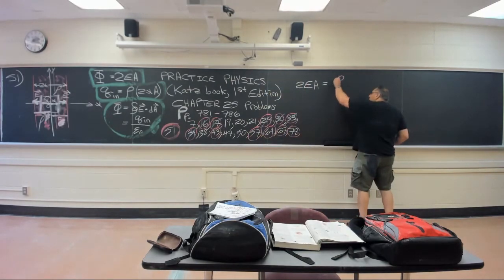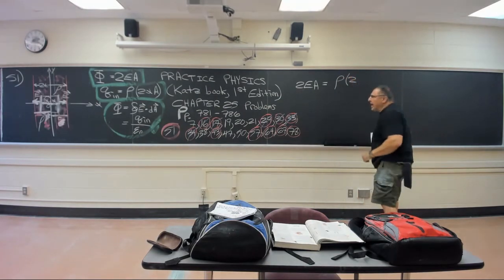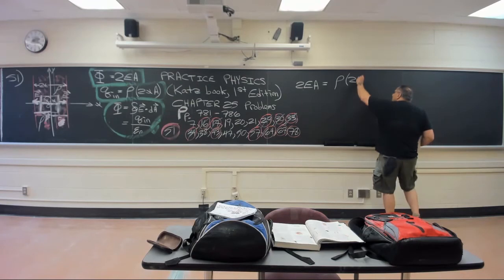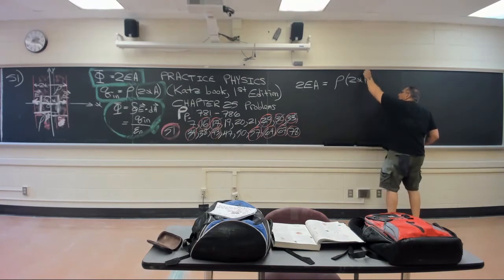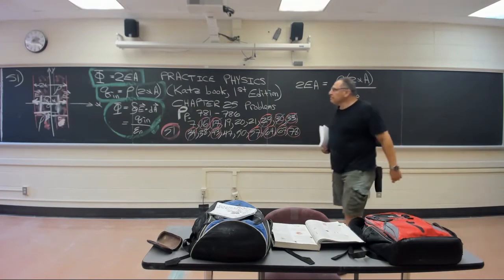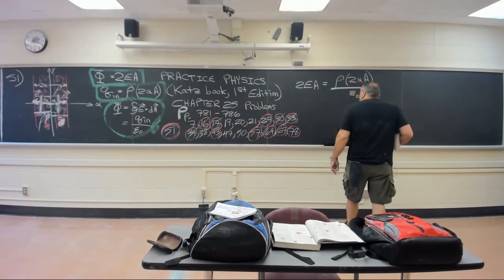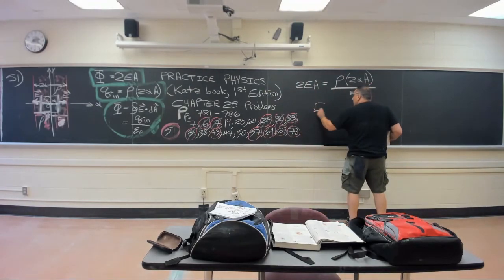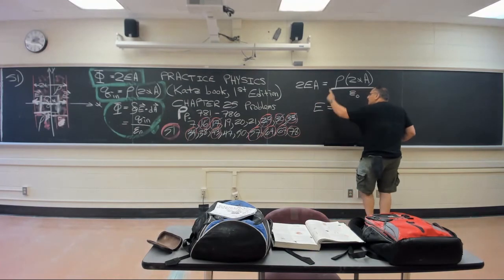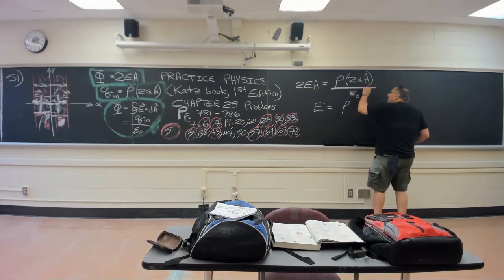We said Q enclosed was rho times the volume, 2xA or 2Ax, over epsilon naught. Yeah, looks pretty good. Divide by 2A on each side. The 2A cancels.